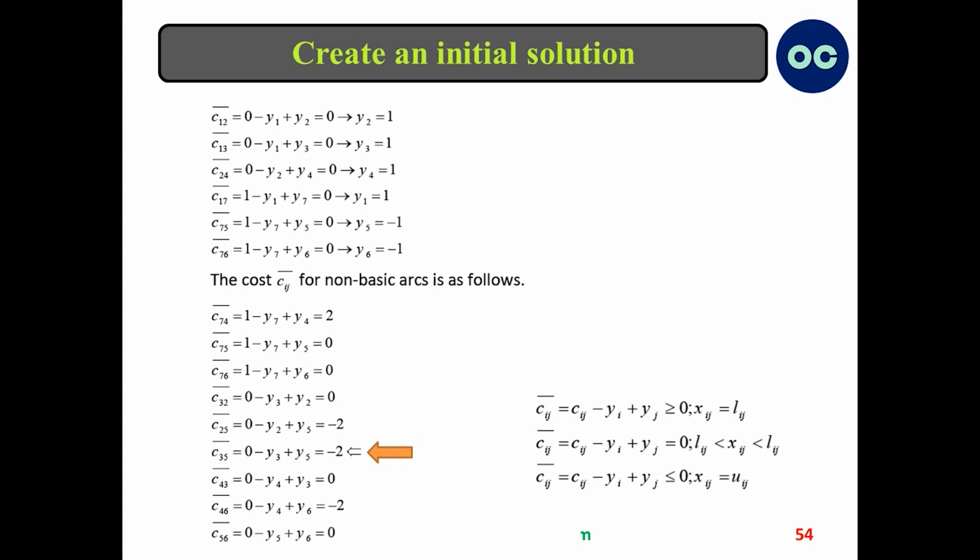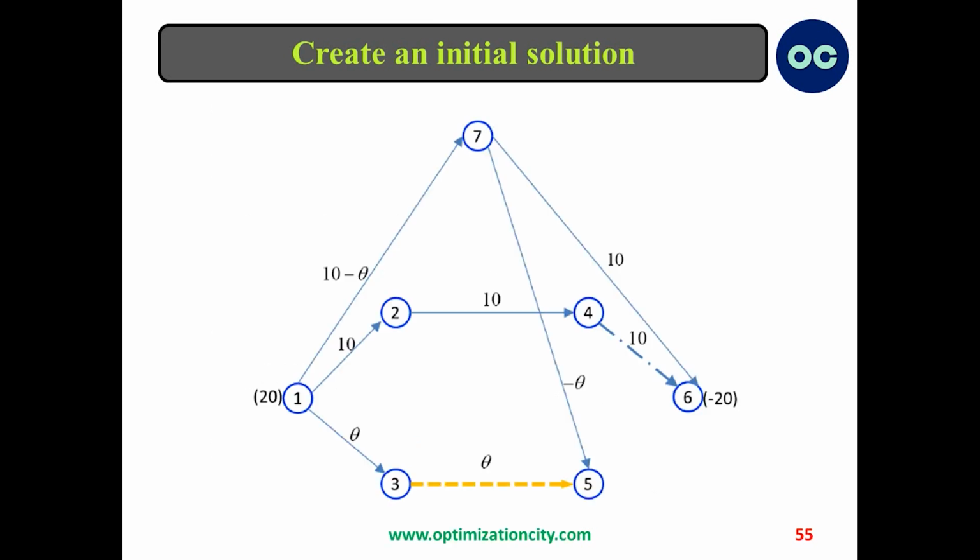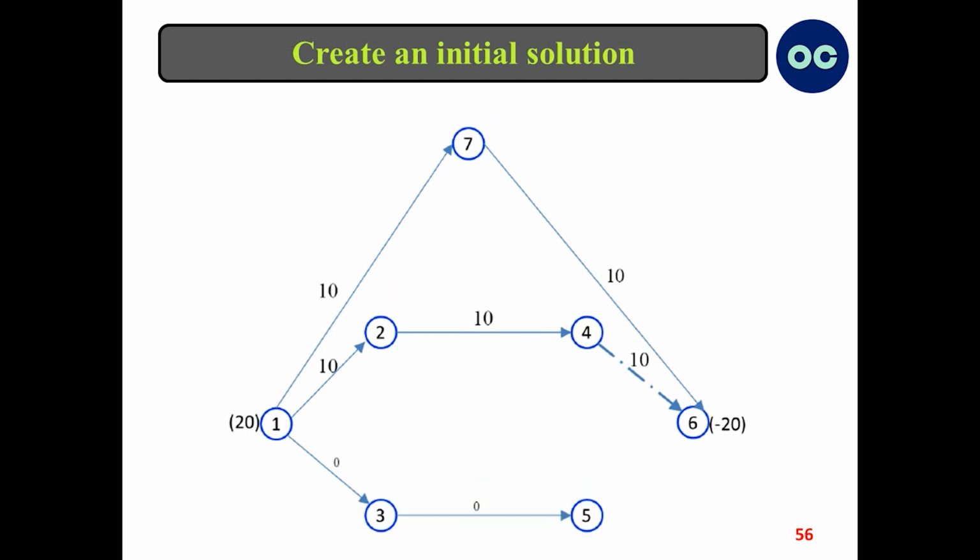So it enters the base, and we find the output arc by doing this process. We can see that we add arc 3,5 to the base, and arc 7,5 is no longer part of the base, which leads to the current basic solution as follows, with the objective function of 20.